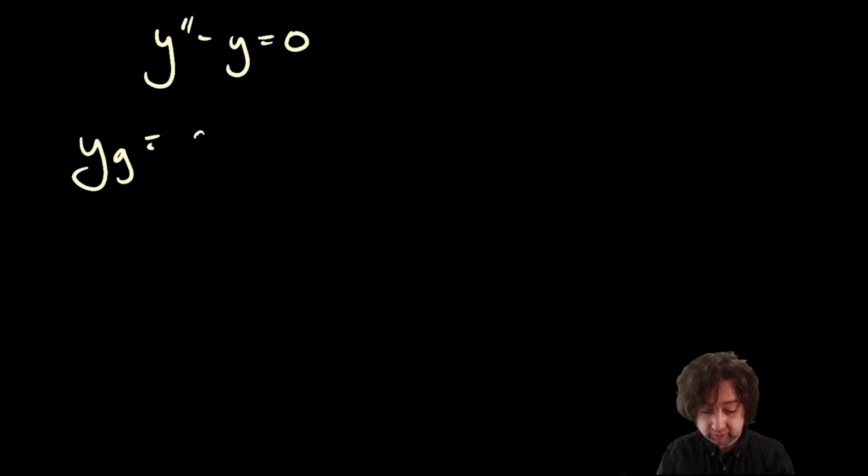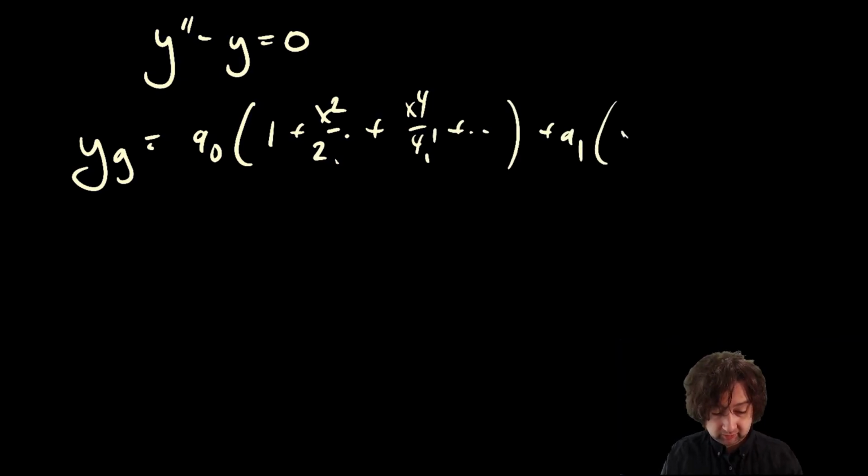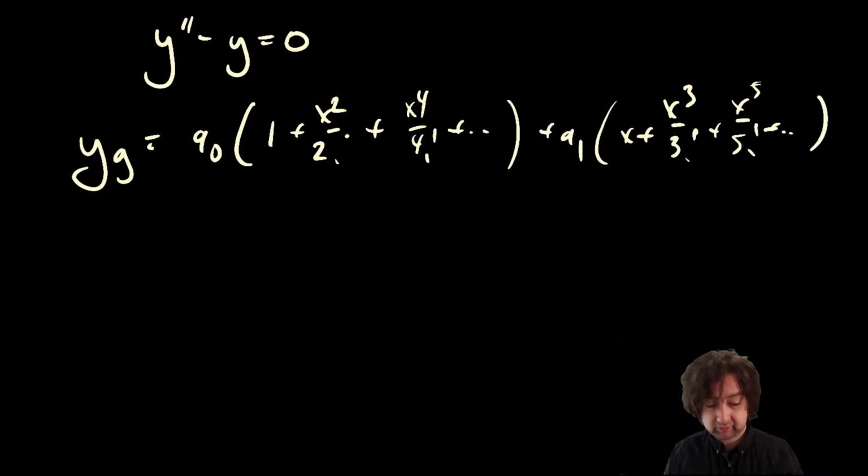So what we've shown is that for the equation y prime prime minus y is equal to 0, the general solution is equal to a0 times 1 plus x squared over 2 factorial plus x to the fourth over 4 factorial, and so on, plus a1 times x plus x to the third over 3 factorial plus x to the fifth over 5 factorial, and so on.